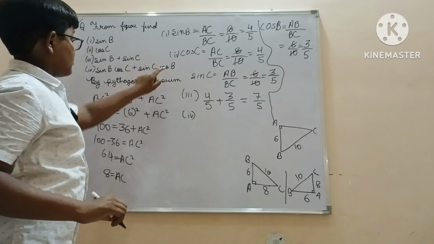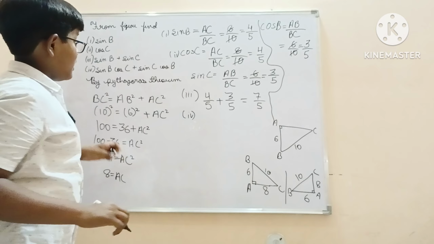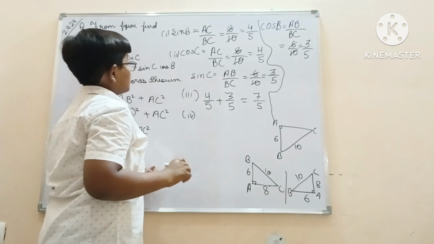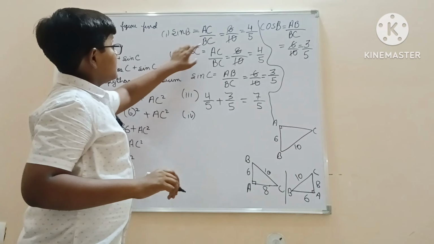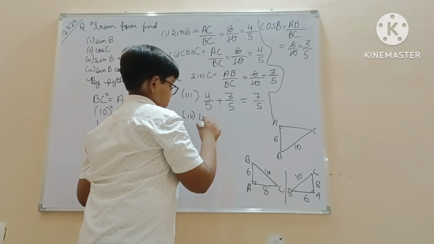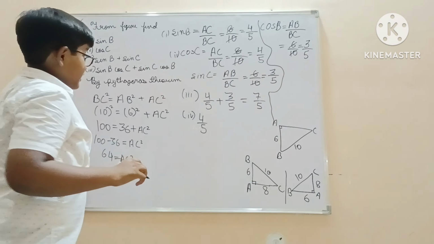Now we will find this equation, which is the multiplication and addition of four trigonometrical ratios. Sin b's value is 4 divided by 5. As there is no sign between, it will be considered as multiplication.